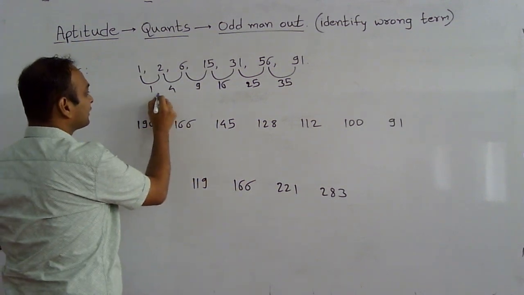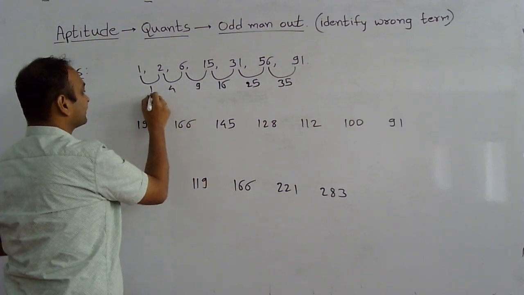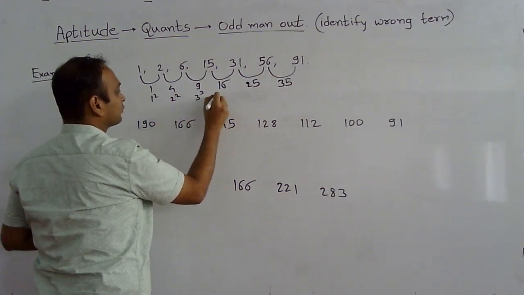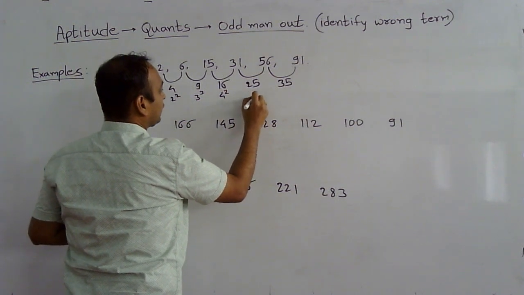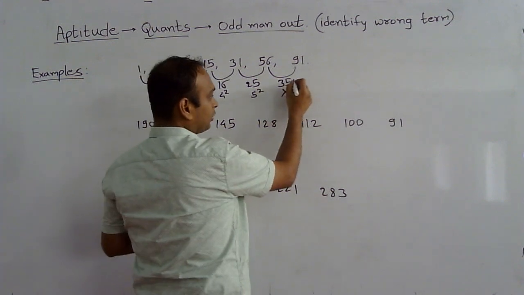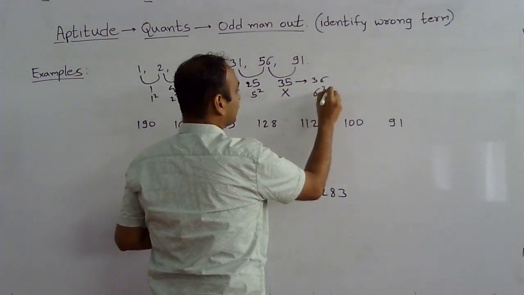Okay, so when we look at the differences, we identify a logic. All these are squares of some number. For example, this is the square of 1, this is the square of 2, 3, 4, 5, and this is not the square of any number. Instead of this, if it were 36, then it would be the square of 6.